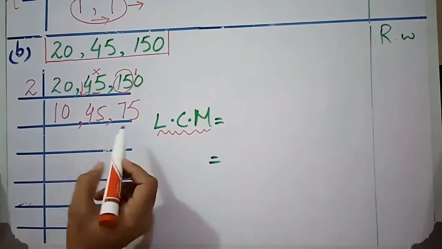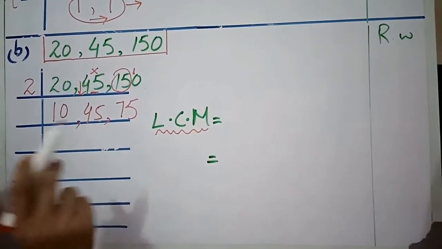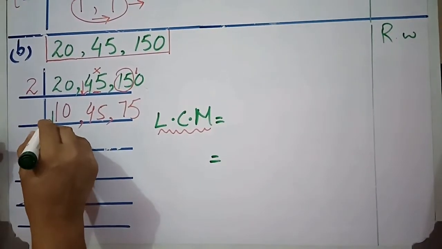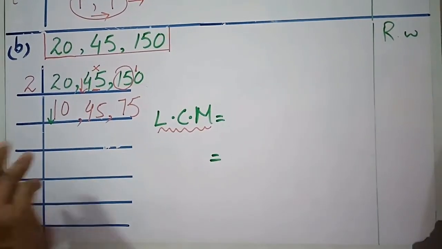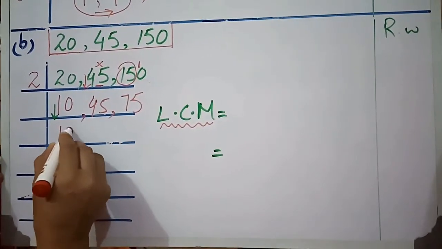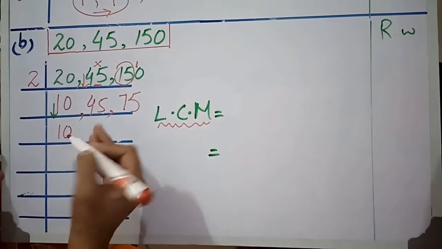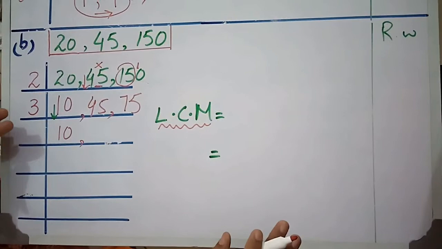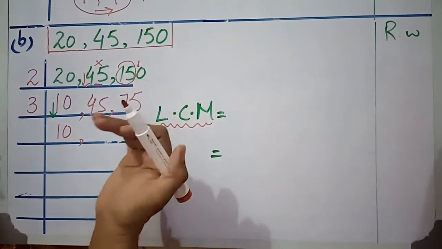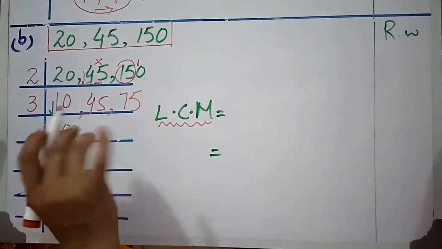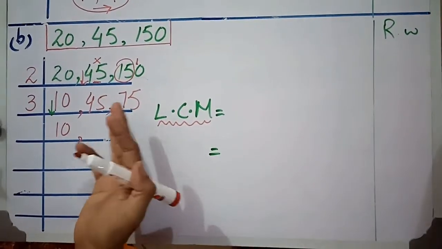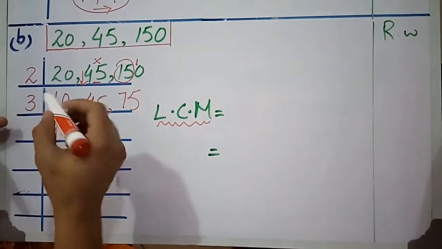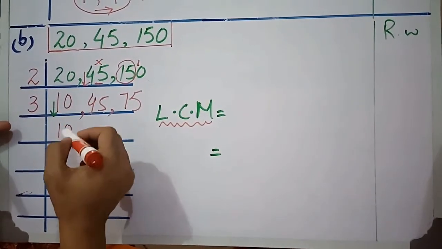Now these two numbers are divisible by 3, but we will drop down this number as it is, 10, because it is not divisible by 3, and only divide these both numbers by 3. In the case of LCM it's not necessary to divide all numbers by the prime factor; we can divide 2 or 1 number by the prime factor, and the number which is not divisible, we drop down as it is.